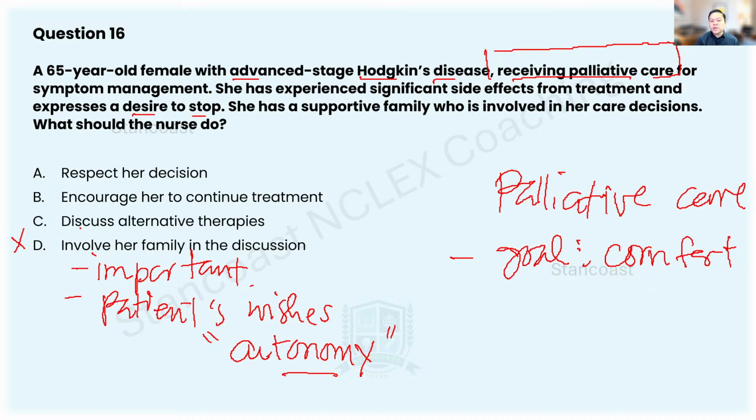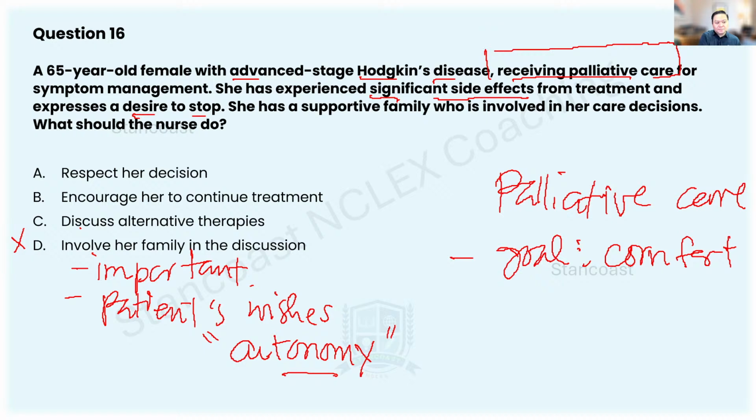She doesn't want any more invasive procedures, no more curative medications, no more of those medications. Let's say the chemotherapeutic agents. This is what she said. Has experienced significant side effects from the treatment and expresses desire to stop.